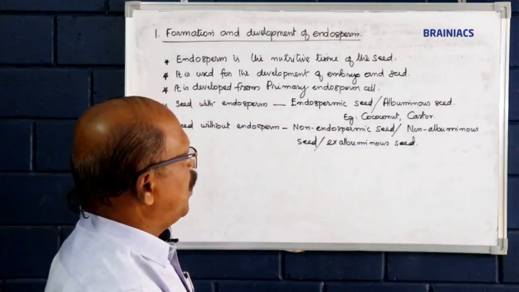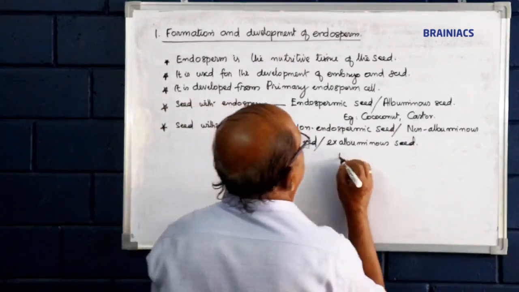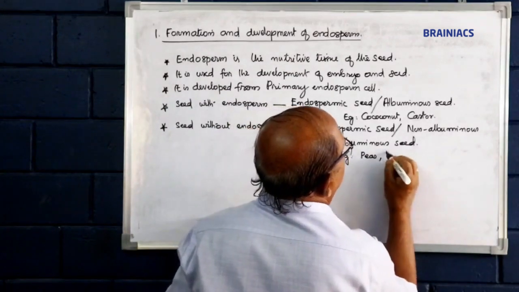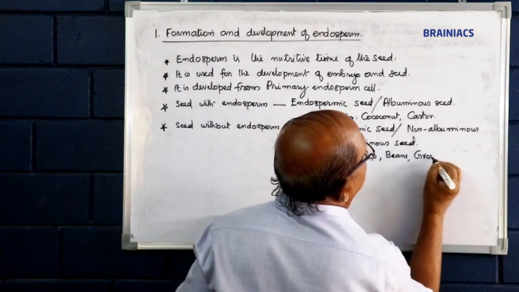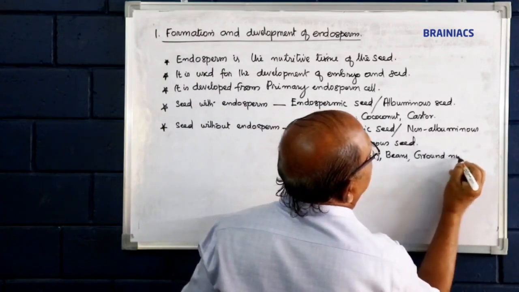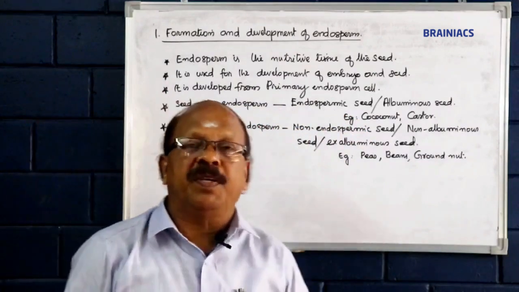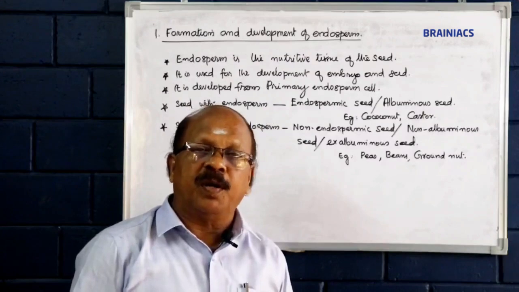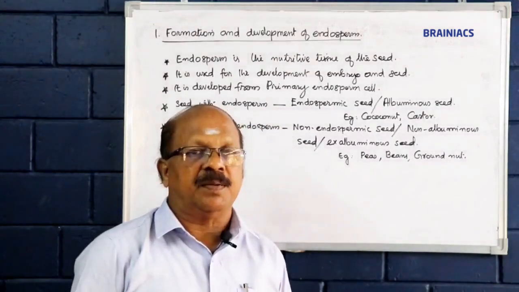Seed without endosperm, non-endospermic. Example, peas, beans, groundnuts, where the endosperm is completely consumed, and that is why they are called non-endospermic or non-albuminous or ex-albuminous seeds.